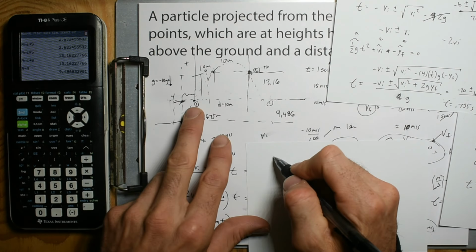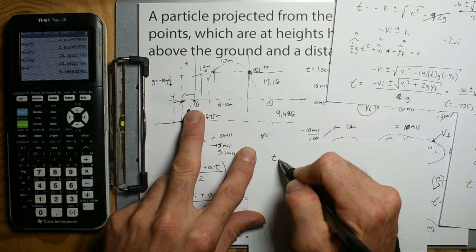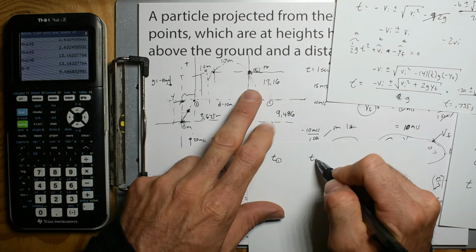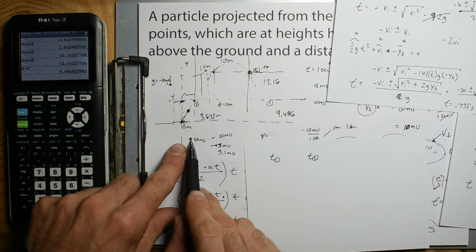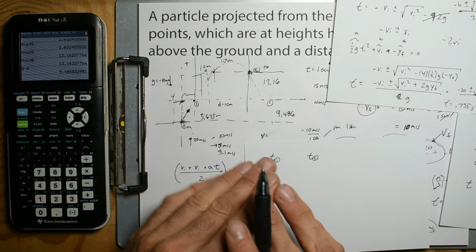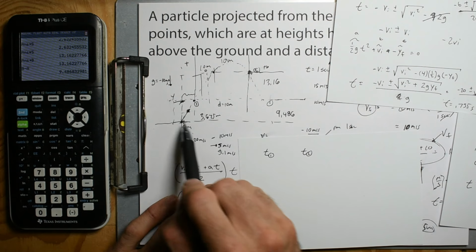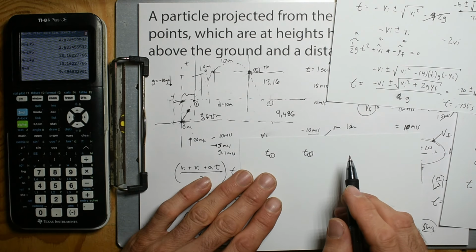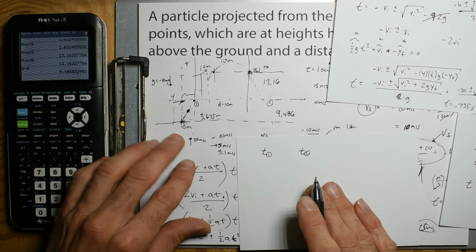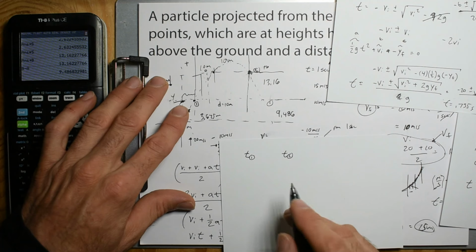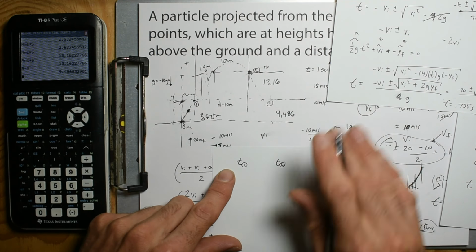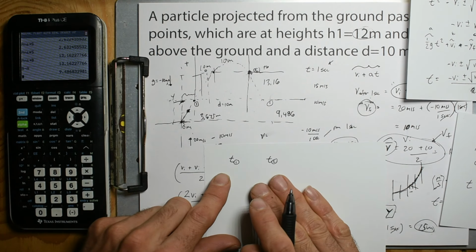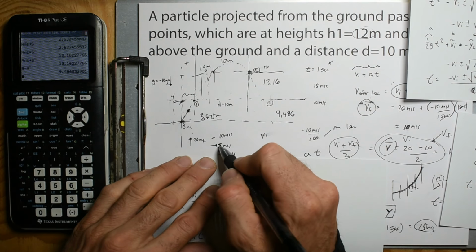because we know what this time to point 1 is, and we know the time to point 2 based on a trajectory upward of 20 meters per second. That's completely irrelevant of the distance it travels this way. Cool. And then we just choose this velocity.